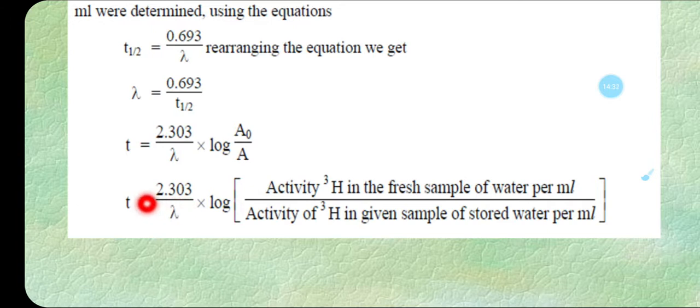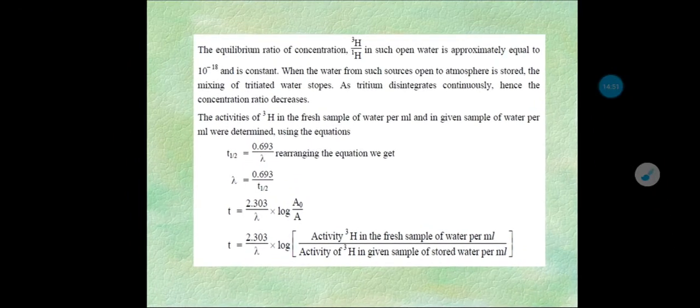So t is equal to 2.303 upon lambda into log of the activity of tritium in a fresh sample of water per ml, divided by the activity of tritium in a given sample of stored water per ml. So this activity we can determine from stored water and fresh water.